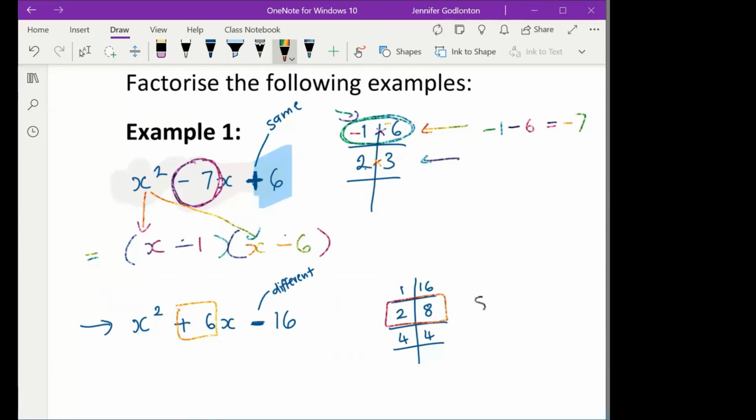So I want to have positive 8 minus 2 because that's going to give me positive 6, right? If I had negative 8 plus 2, that's going to give me negative 6, which I don't want. So now I know that it's going to be positive 8 and it's going to be negative 2. And so we just chuck that into our bracket. X plus 8, x minus 2.